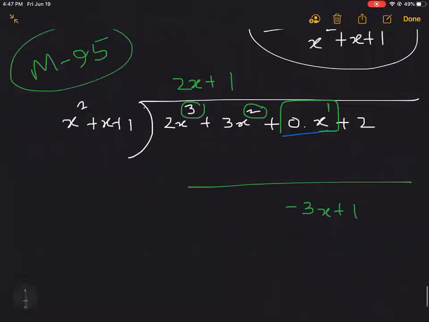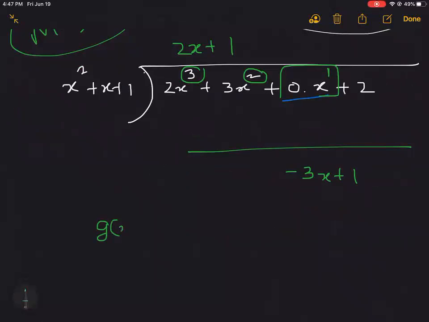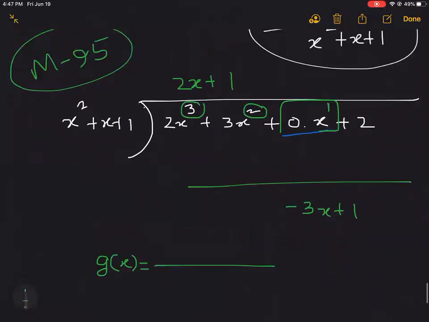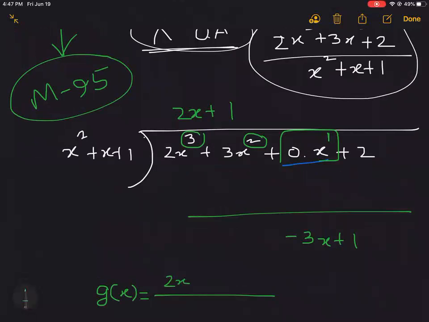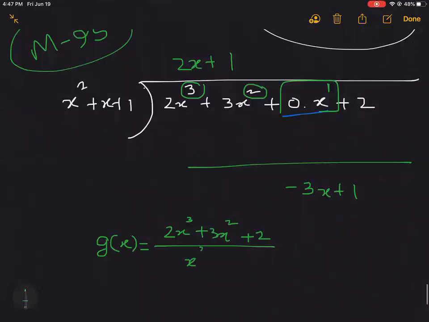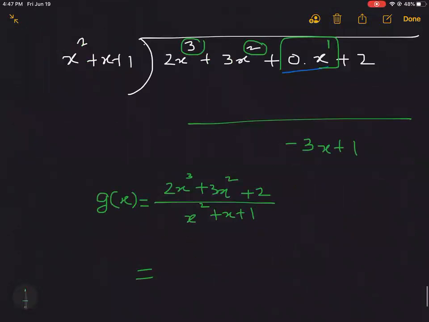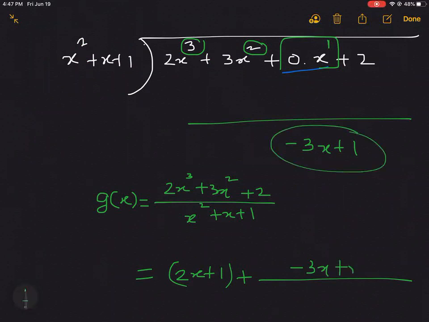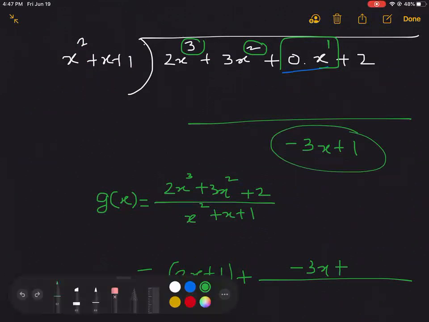Okay, so that means if my function, let's say g of x, initially was (2x cubed plus 3x squared plus 2) divided by (x squared plus x plus 1), it can be written as 2x plus 1 plus (negative 3x, and so on) over the divisor, the remainder over the divisor.